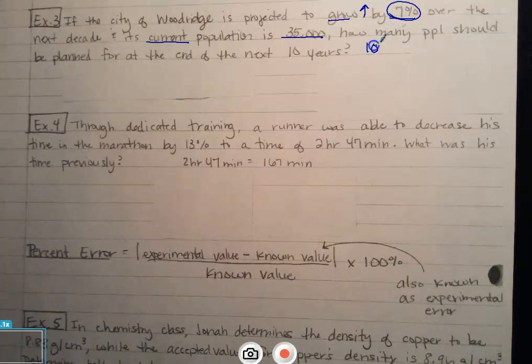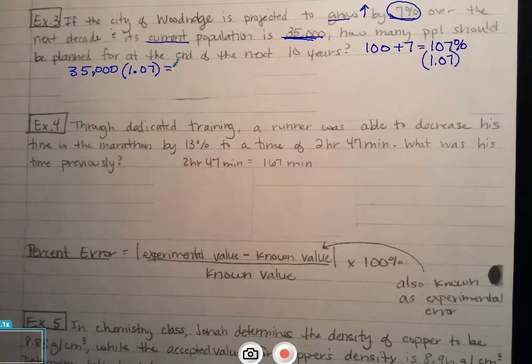So we're going to take 100%, add 7 to it, and get 107%. The decimal for that is 1.07, right? That's going to be helpful. So we take 35,000, that current population, and multiply it by 1.07. And that's going to give us our new population, which is 37,450.